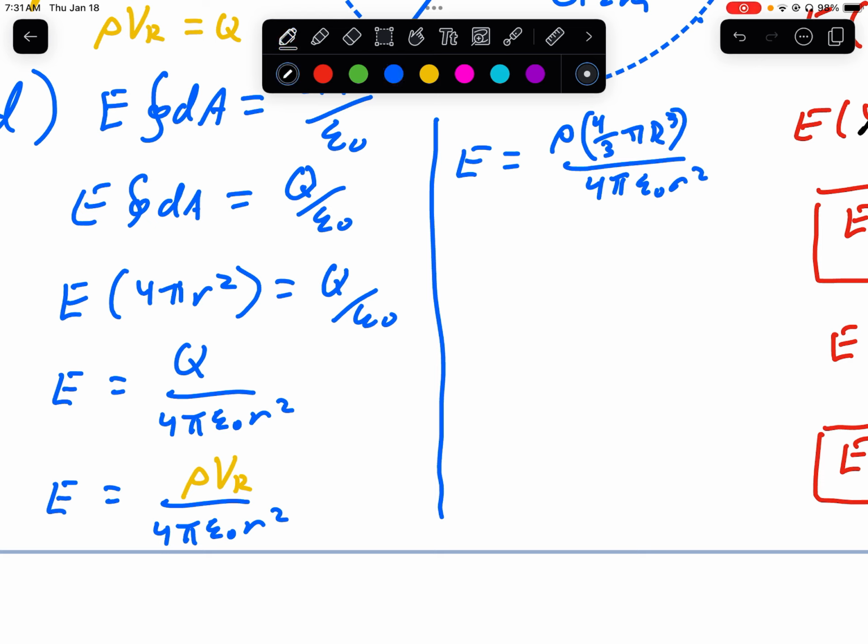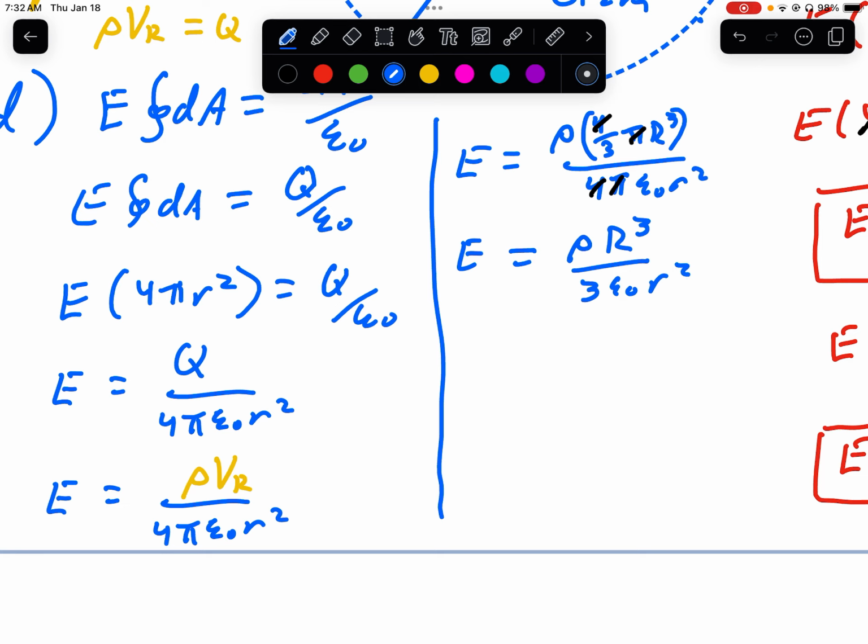I do get to do some canceling. The 4 and the pi go away, but that's it. Why is canceling so satisfying? So E equals rho R cubed over, don't forget that little 3, 3 epsilon naught r squared.